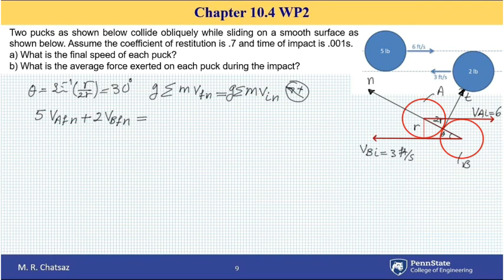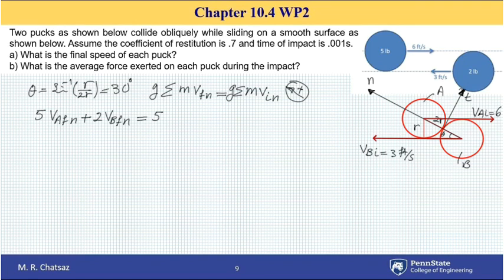That has to be equal to the weight of A initially, which is 5, times its velocity in the normal direction, which is in the negative normal direction because I'm choosing left and up as positive.